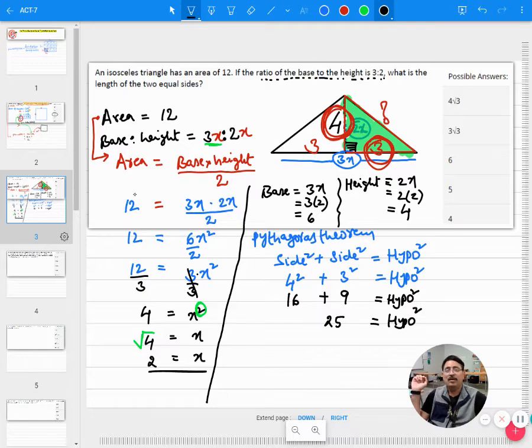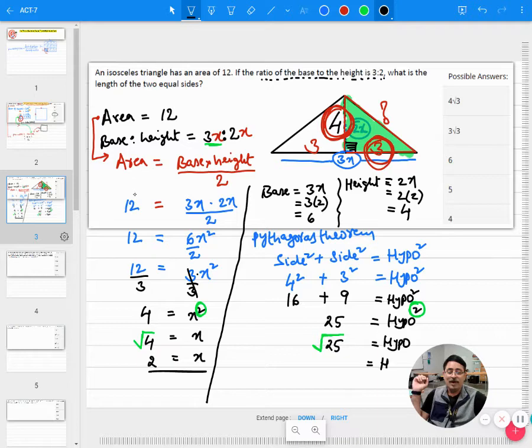As you know, if you eliminate square on one side of the equal sign, on the other side you should take square root. So what is square root of 25? Now it's easy. 5 times 5. Oops, my apologies, it's not hypotenuse square, it's just hypotenuse.